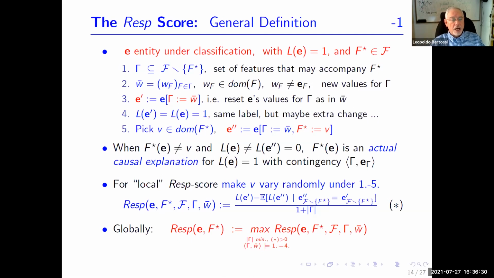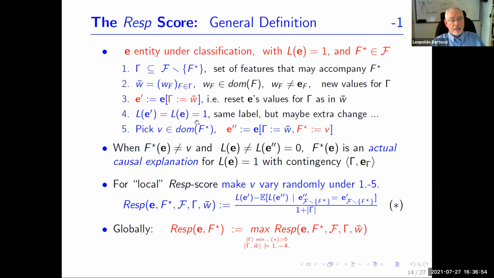So we are changing now a set of features, and we set these values that are going to be the elements of the contingency set. So we have now E prime that is obtained by giving to the features in W bar the values in the contingency set.